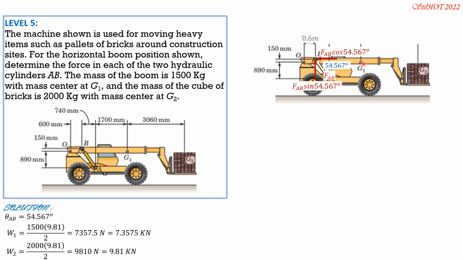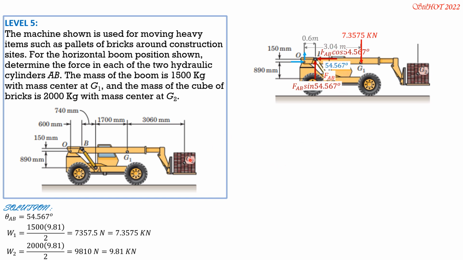So we transmit weight 1, which is 7.3575 acting at G1, and the distance of 7.3575 horizontally from O is 1.7 plus 0.74 plus 0.6, that is 3.04 as shown.